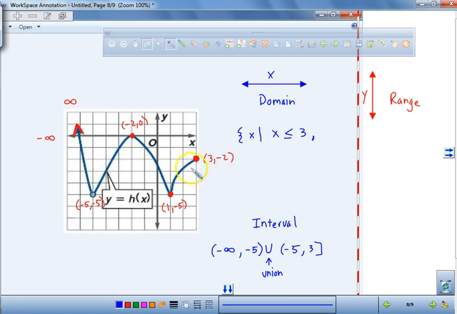X cannot equal one particular number, and that number is -5. And that's how you write the domain in set builder notation. The set of all x values such that x is less than or equal to 3, because that's as far as it goes. All the values are going less than that, except for one number. You can't plot a -5. So this is called, once again, set builder.